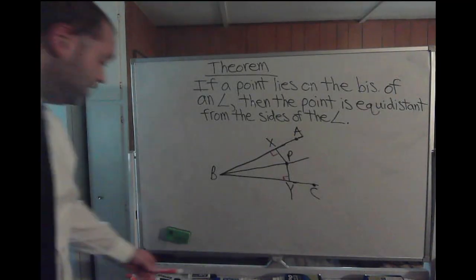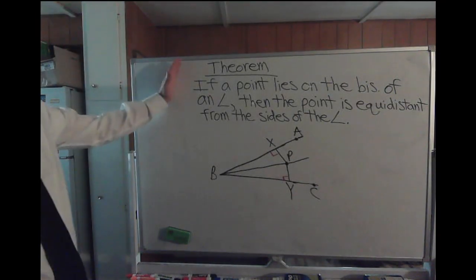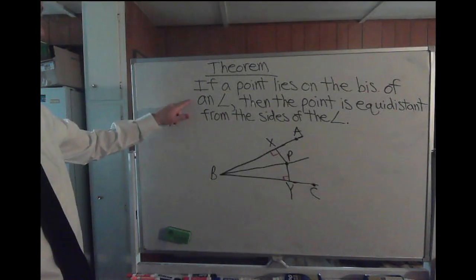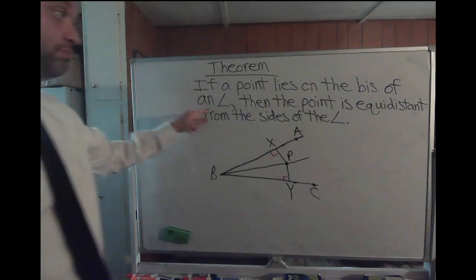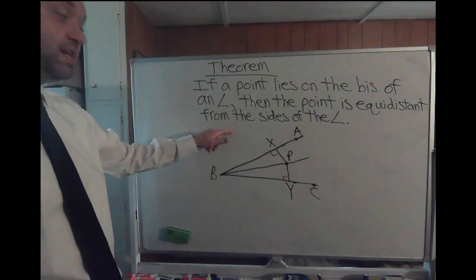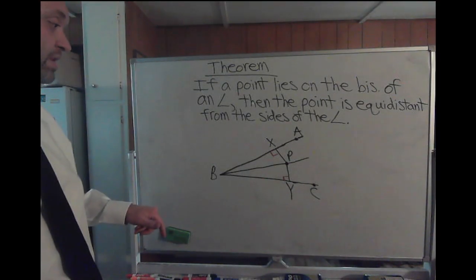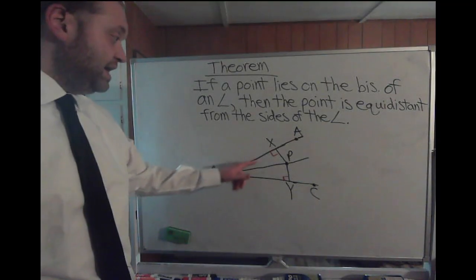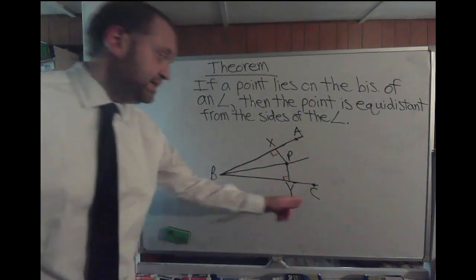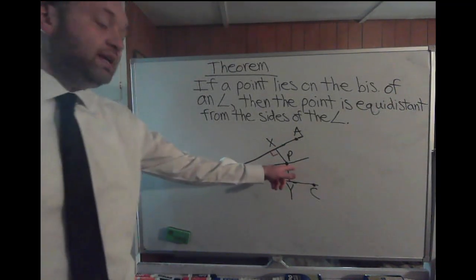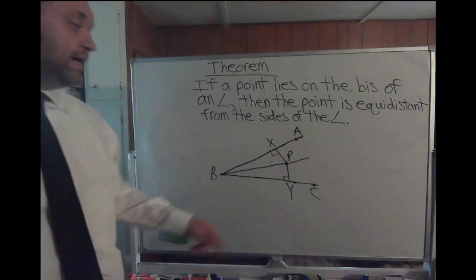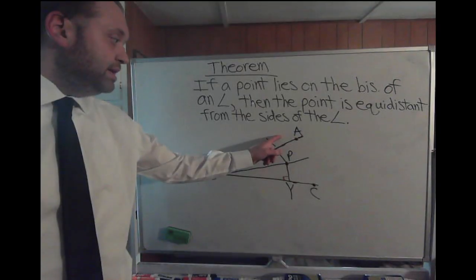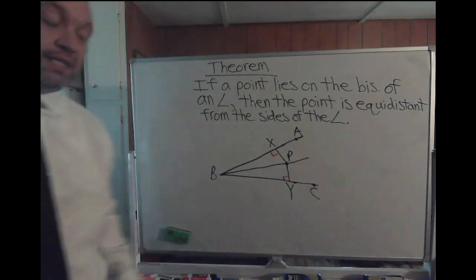So, in other words here, let's go over this theorem again. If a point lies on the angle bisector of an angle, then the point is equidistant from the sides of the angle. So, here, ray BP is the angle bisector of angle ABC. Well, point P lies on that angle bisector. It's going to be equidistant from side AB and side BC.